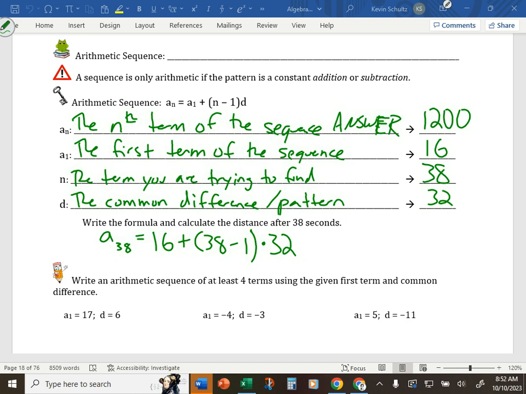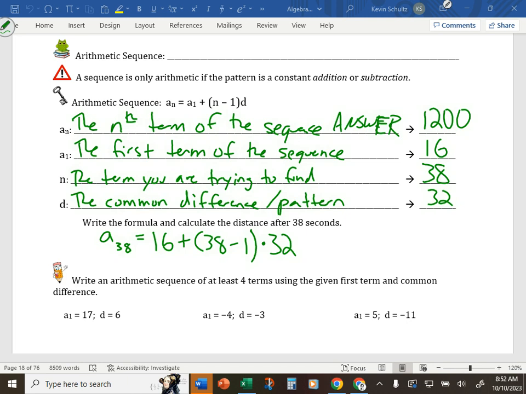Because we're starting at 16. That's our first term, not our 0th term, our first term. We add 32 to that 37 times. Now we're at the 38th term. So the minus 1 is there because we're looking for the 38th term, but we already have the first. Therefore, we have to add 32 37 times.